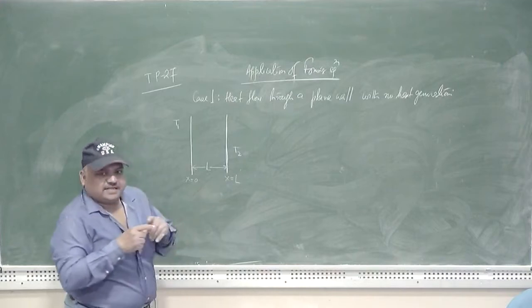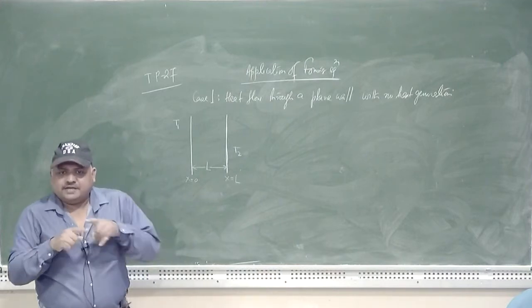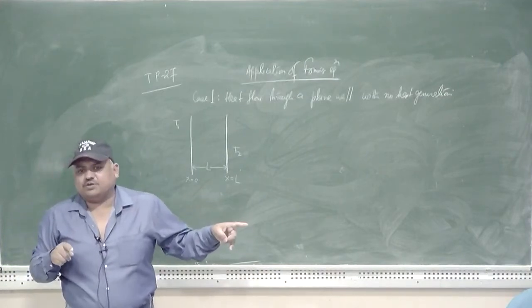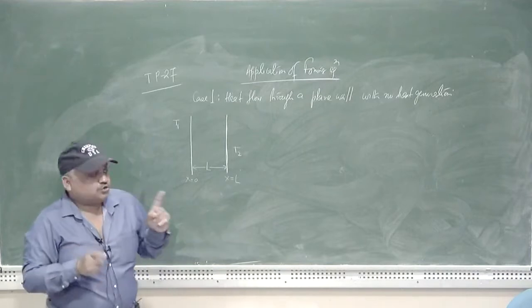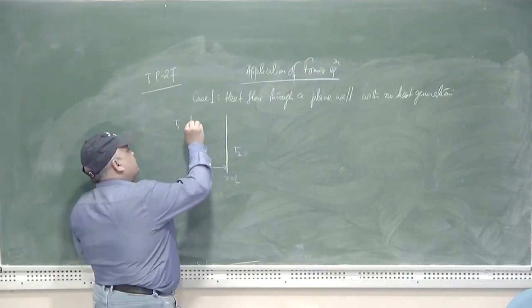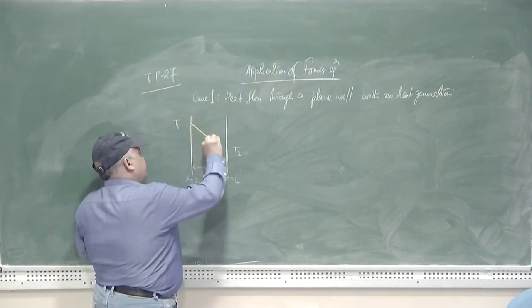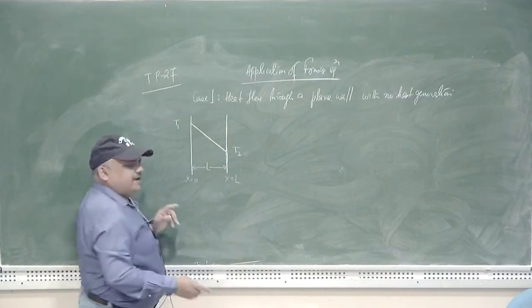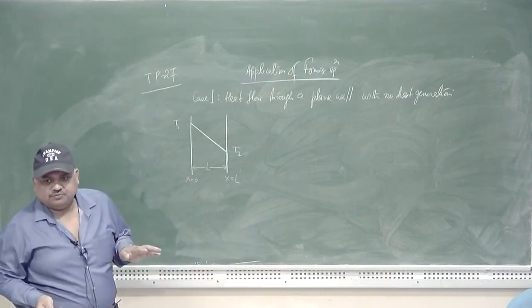Because heat flow is always downhill on a temperature scale according to the second law of thermodynamics, let us suppose this is our temperature profile. A linear temperature profile has been assumed.